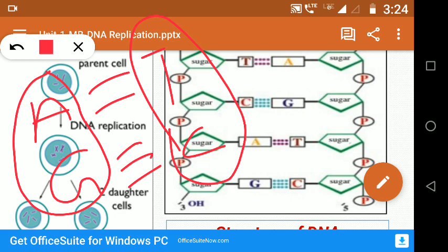So that is why the distance between the two strands will be equal from top to bottom. There is uniformity in the double helical structure.